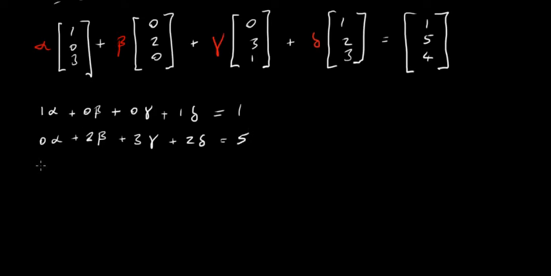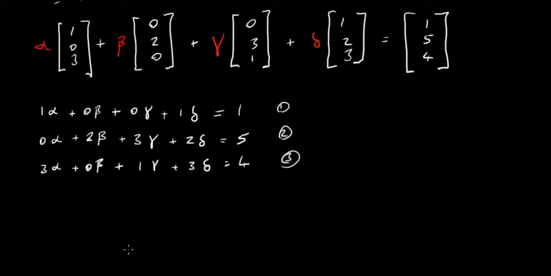And finally 3 times alpha plus 0 times beta plus 1 times gamma plus 3 times delta, and that should give me the 4. So we have 3 equations but 4 unknowns. Let's identify these as equations 1, 2, and 3. Let me see, what will we do first?